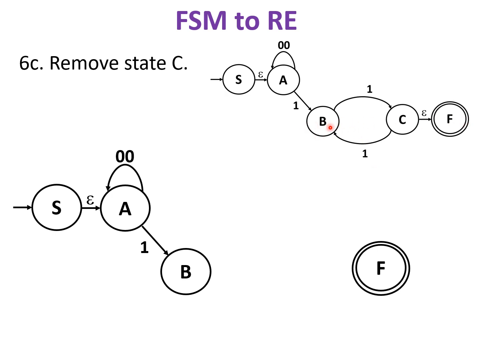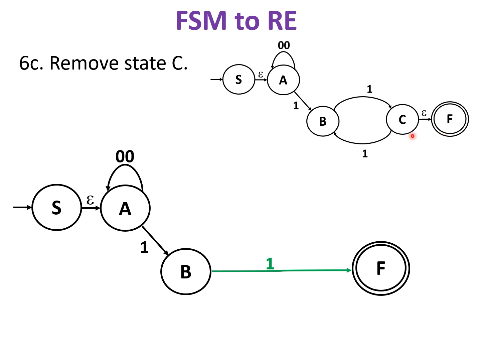Here, B to F through C we have 1 epsilon. So we have from B to F a transition with 1. Second, from F to B, do we have any transition through C? No, we don't.